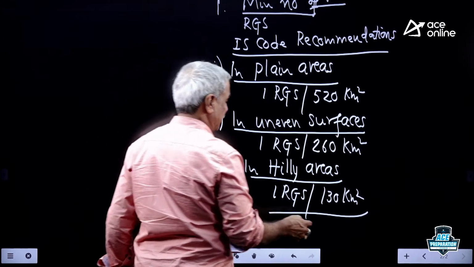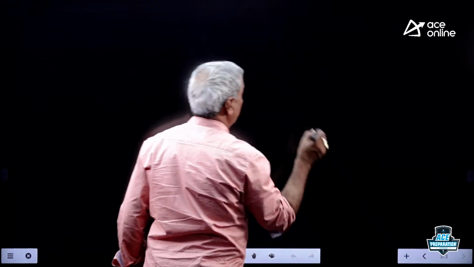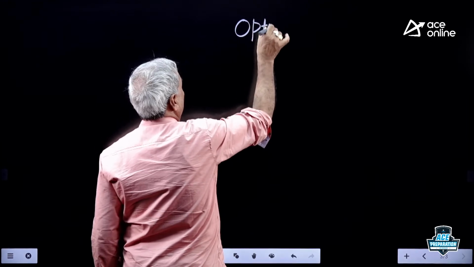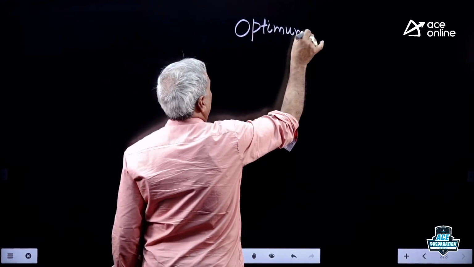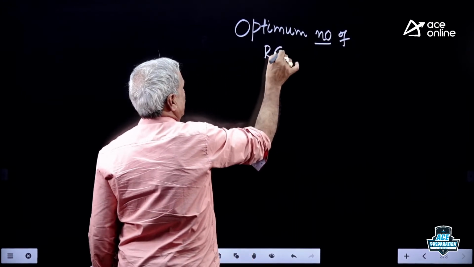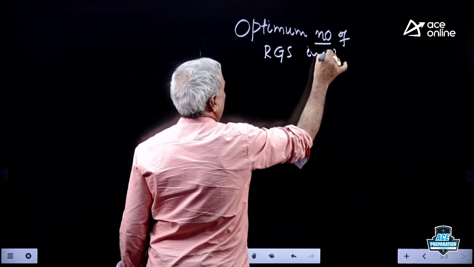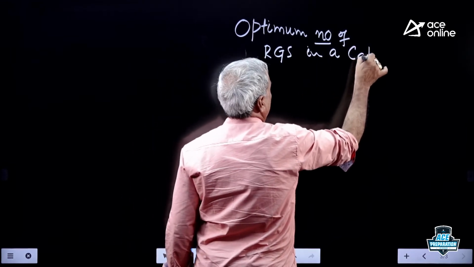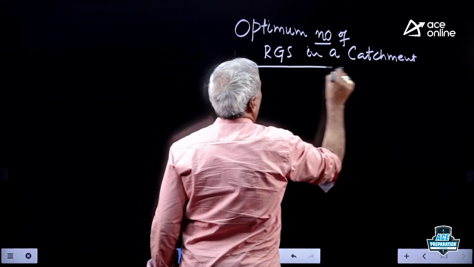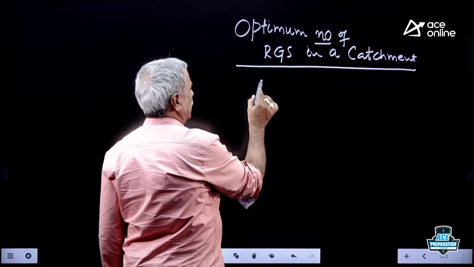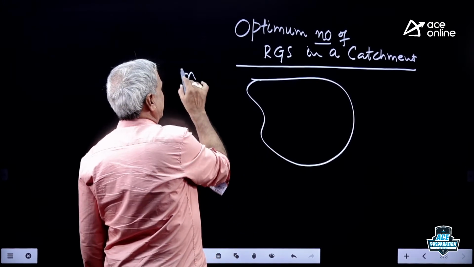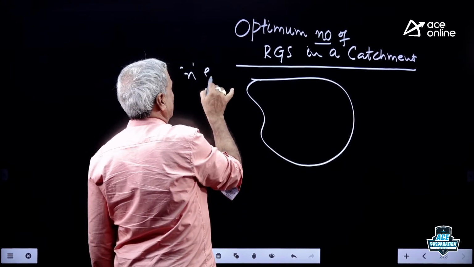We will see the optimum number of rain gauge stations in a given catchment. If there is a catchment area, let us say, n number of stations are already existing.